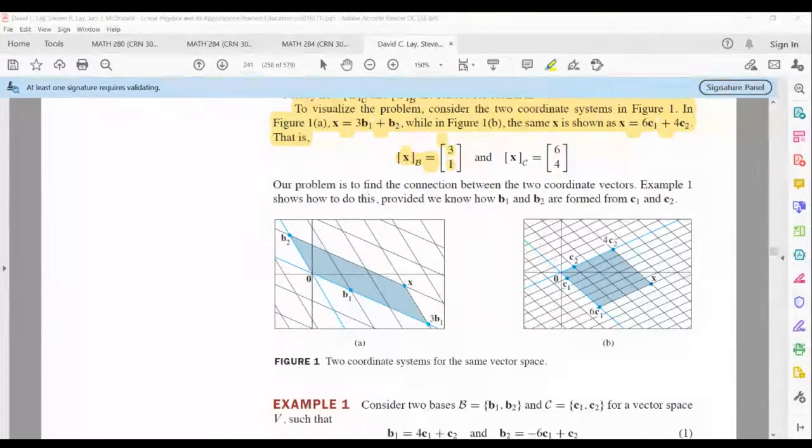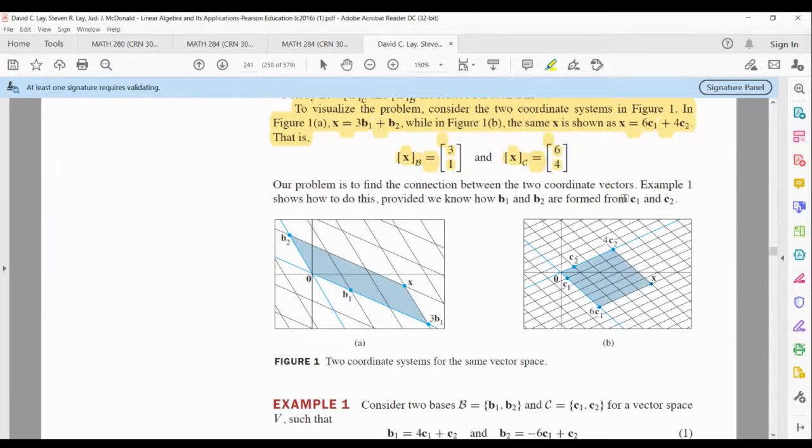All right, well then let's go to figure 1b, the picture on the right. There you have basis vectors C1 and C2, and the coordinate vector of x with respect to the basis script C is going to be 6 and 4.